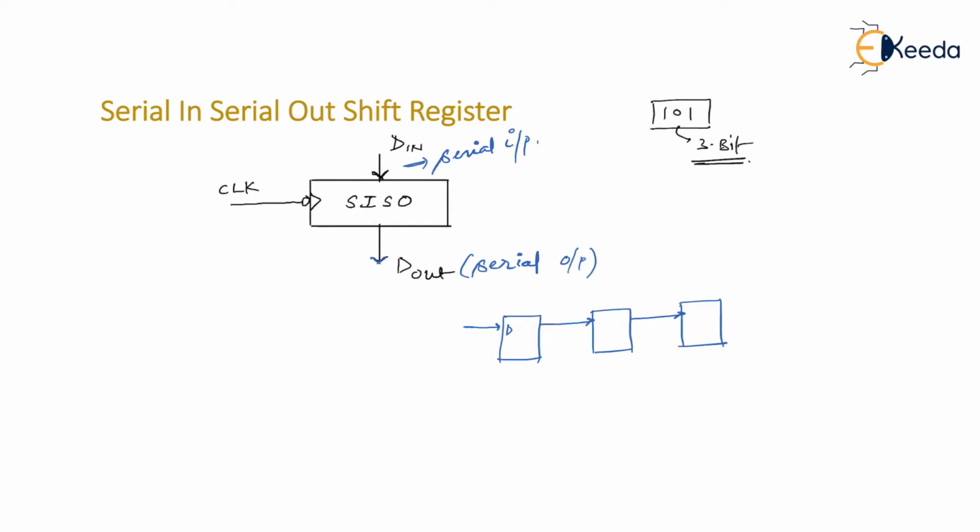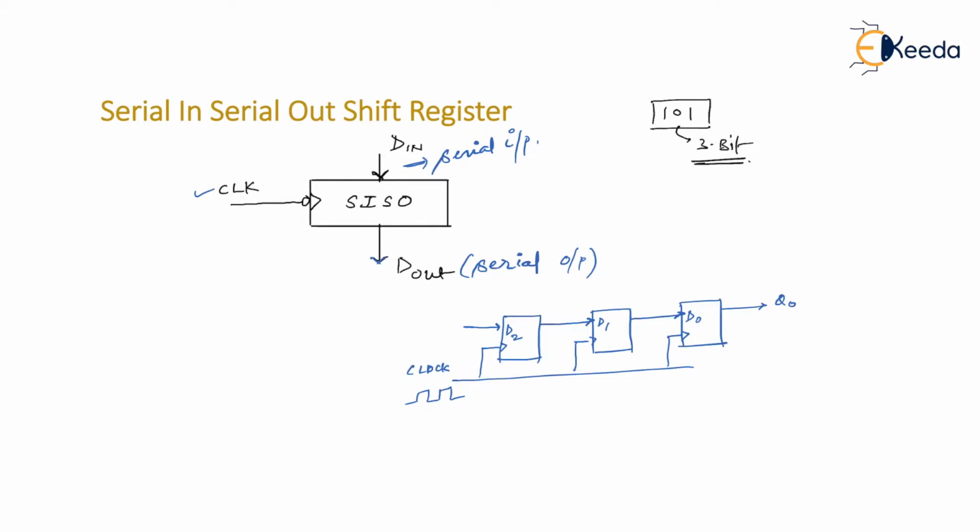Let me assume these are D2, D1, D0, and this is Q0, and let's make a common clock. These clocks are necessary because without a clock, a flip-flop cannot get triggered, and if it is not triggered, it is not going to shift data. So for shifting purposes, you require a clock. That's why you see a clock arrangement here.